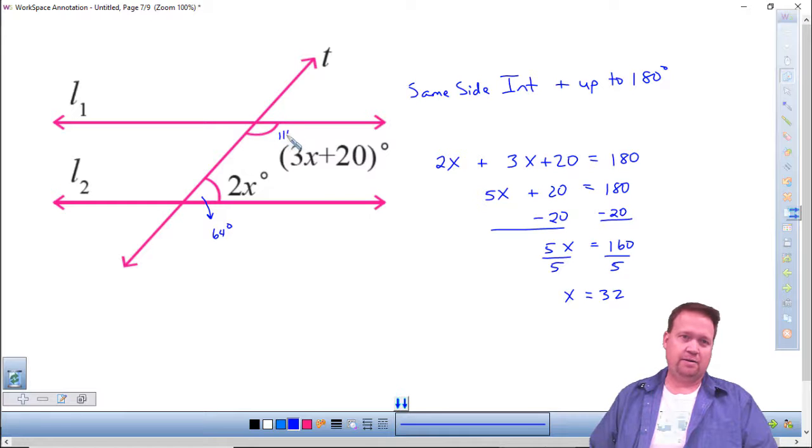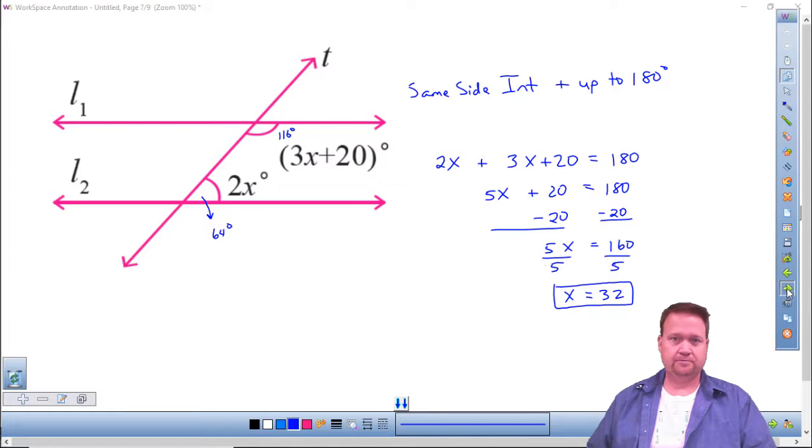Remember that they both have to add up to 180 degrees. 64 plus 116 gives me 180. So we found x, and we found both the angles. In fact, if this is 64, so is this one, so is this one, and so is this one. And the other 4 remaining obtuse angles are all 116 degrees.